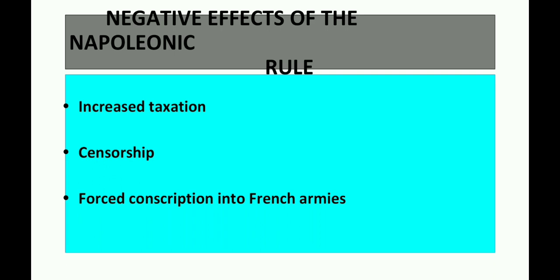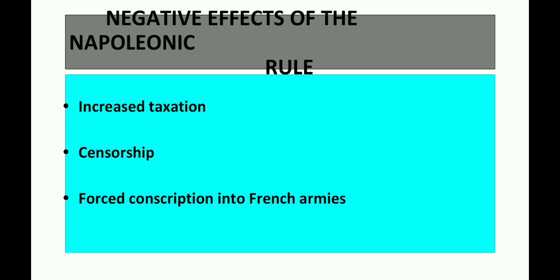But the people of these countries, under French rule, soon realized that the changes and administrative arrangements were just an eyewash. So these are some negative effects of the Napoleonic Civil Code.